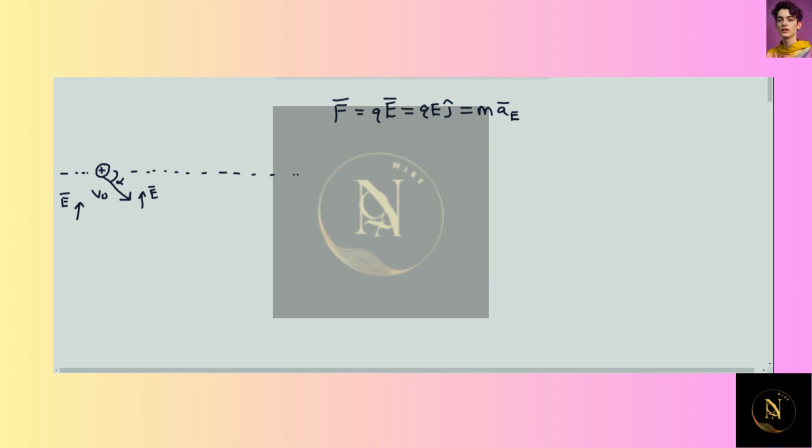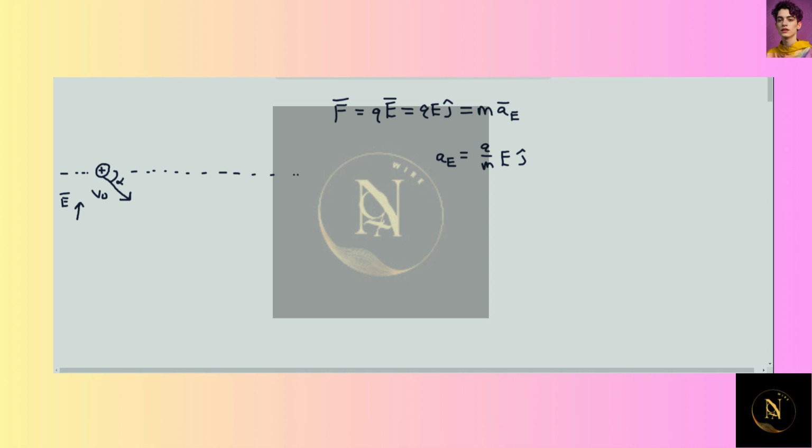And since we can neglect gravitational forces, we can solve for the acceleration of the proton, which would be q over m times the magnitude of the electric field in the j hat direction. So the proton is going to be constantly accelerating upwards with an acceleration of this.